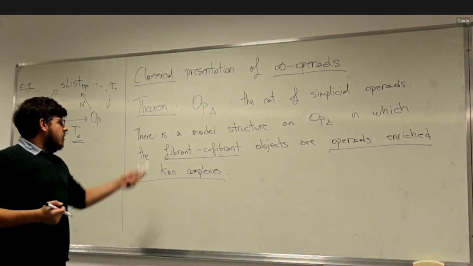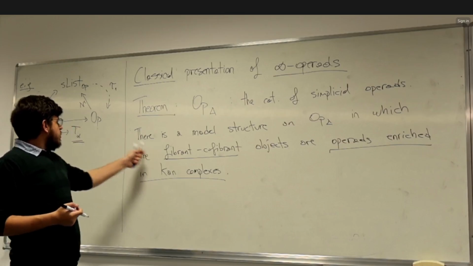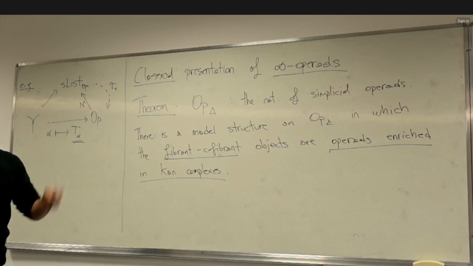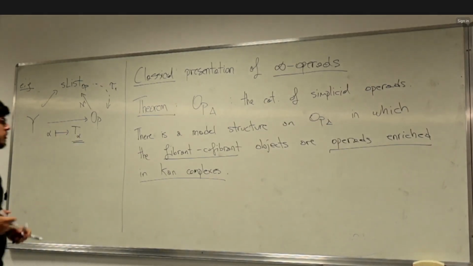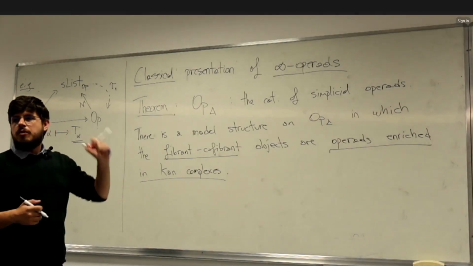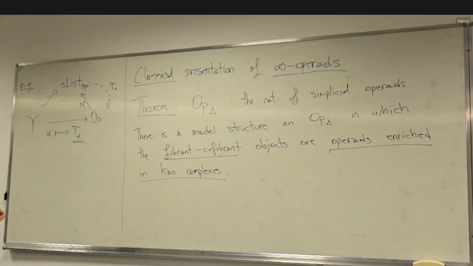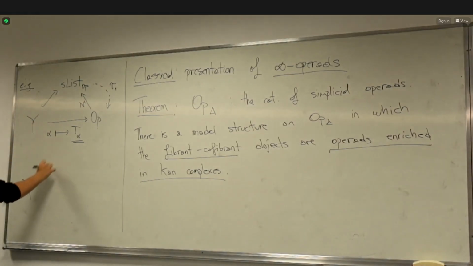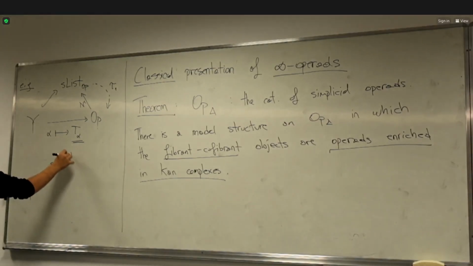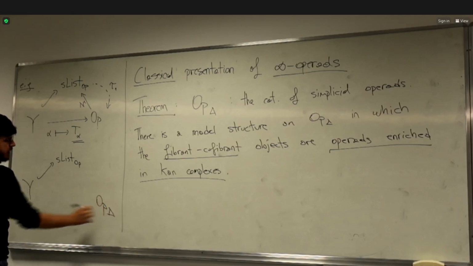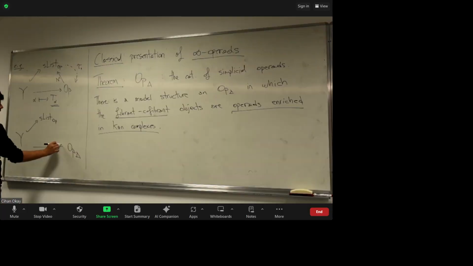All right, now we want to connect our notion of infinity operad, or of quasi-operad that we defined, to what is already known. To do that, what I will briefly explain is another such schema, but now hitting simplicially enriched categories.